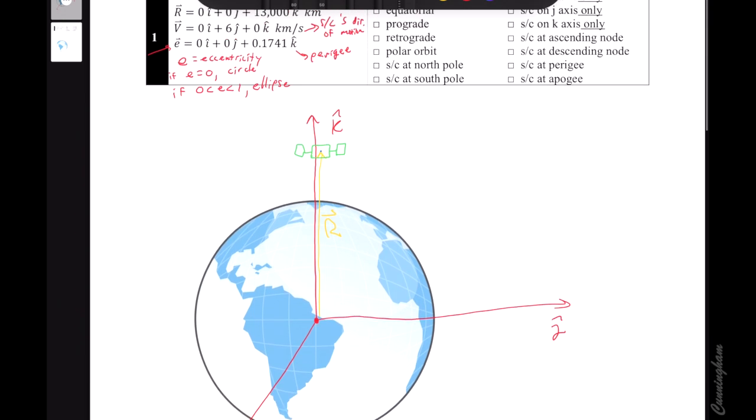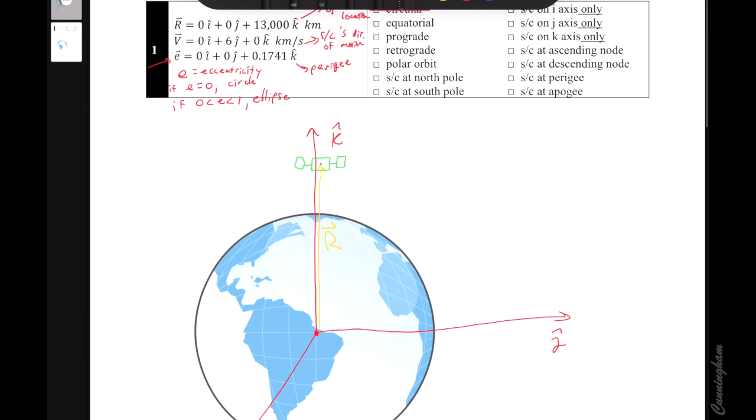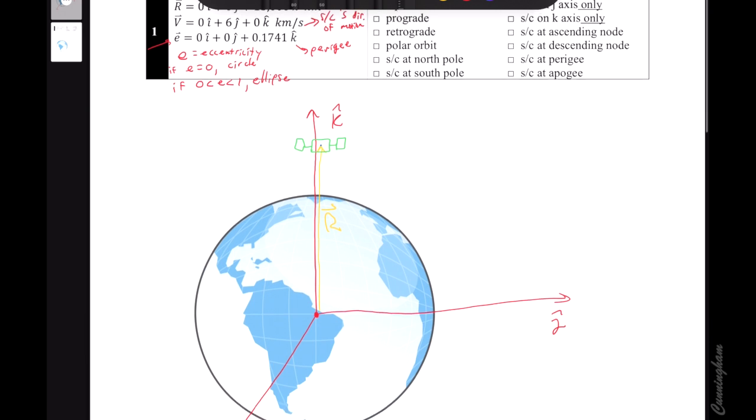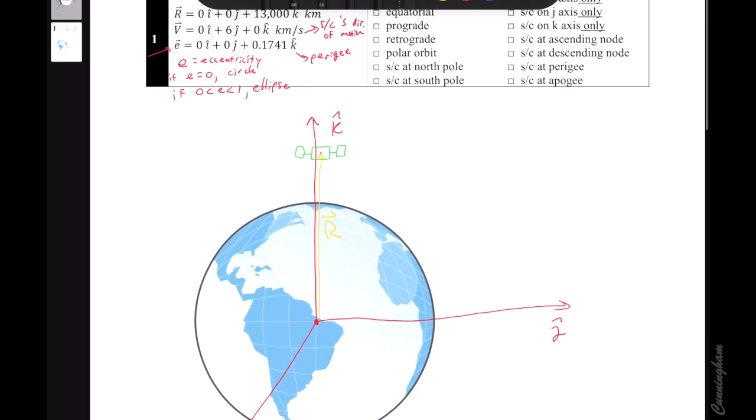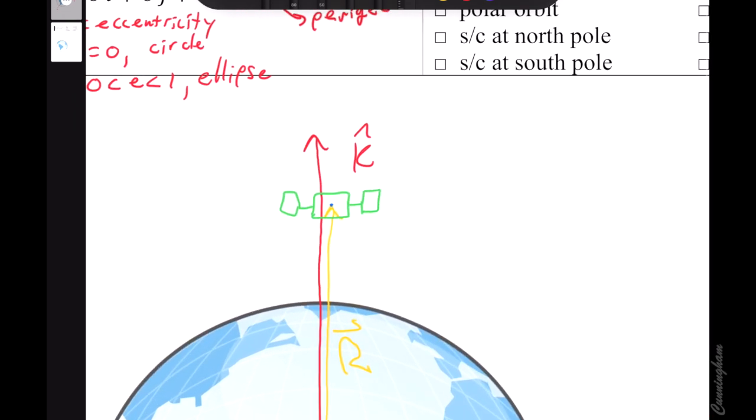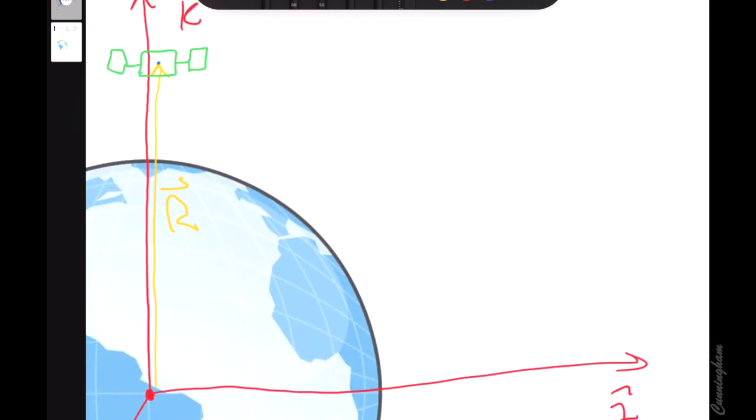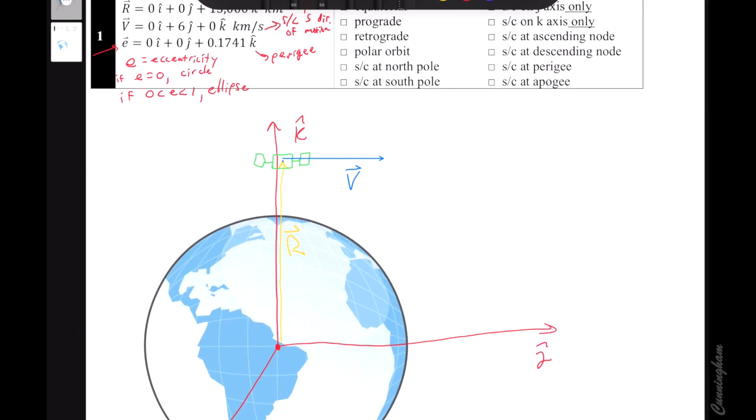It says our motion, so our V vector is all, let's see, J hat, it looks like. There's no I hat and no K hat. That is very nice, because what that means is starting at the satellite itself and going all positive J hat, we're going to draw our velocity vector here. Again, going to label.